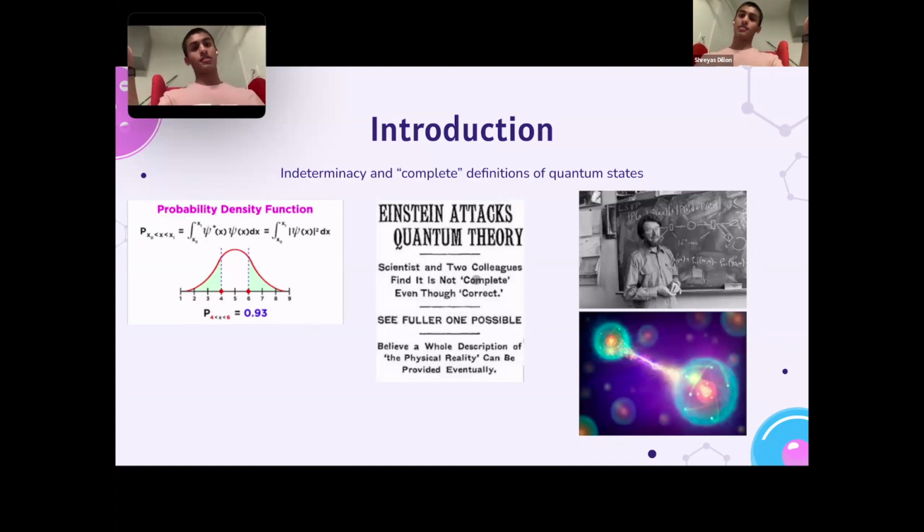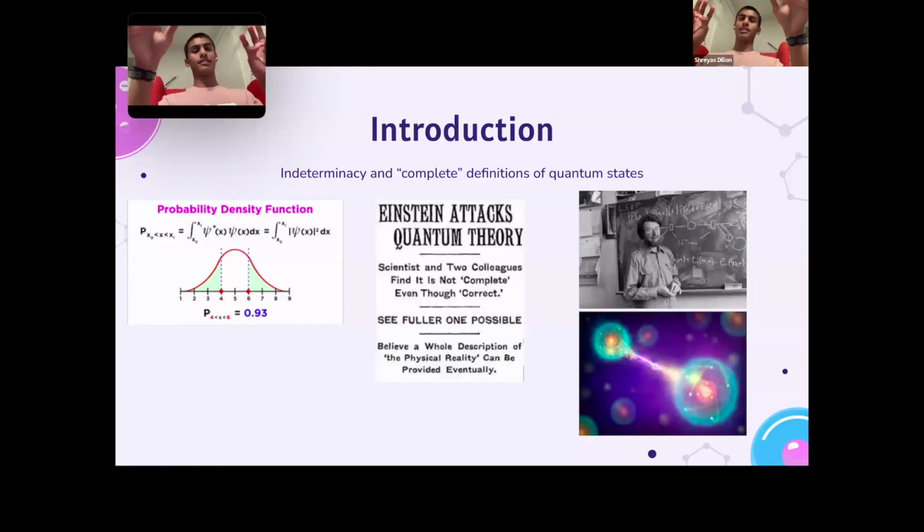One such physicist being Einstein, where he and two colleagues, Podolsky and Rosen, formed the EPR group and published a paper where they posited that quantum mechanics was not a complete description of a particle or of what was happening. Instead, they believed that something was missing, and that something was a hidden variable.